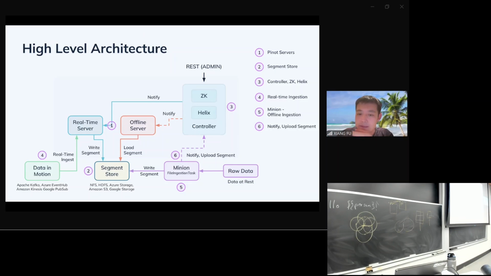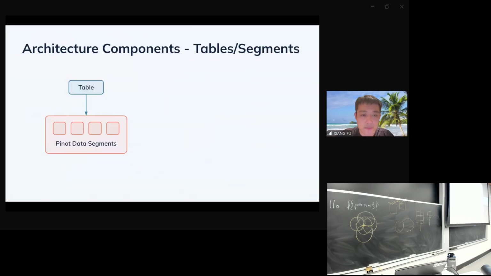You can think of this as similar to Spark or Hadoop, workers that can do more things like indexing and building the pre-aggregates. This is how we keep all the data pipelines, and then we have the Pinot broker, which handles all the queries. This is pretty much what the deployment looks like.